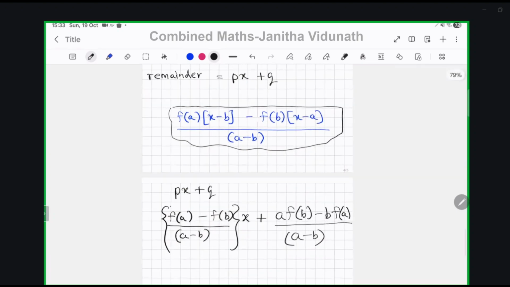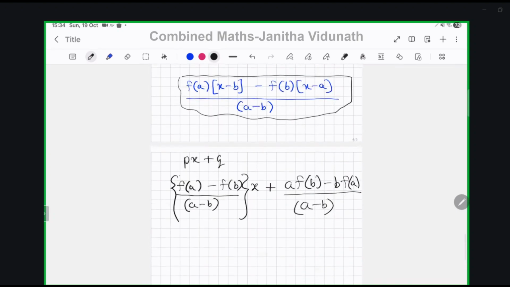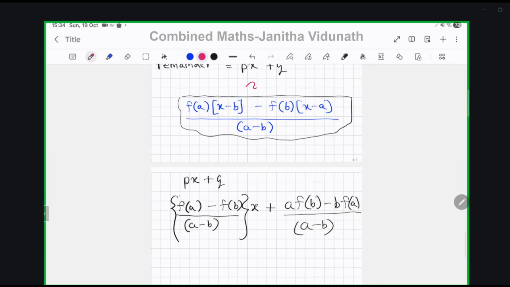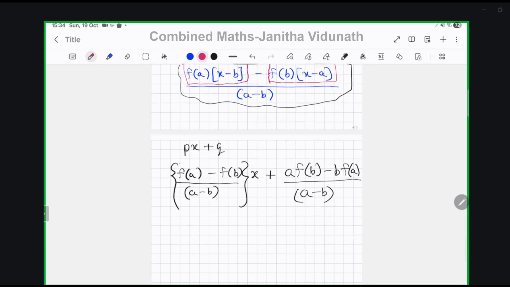Now here FA is in one place and here our FB is in another place. That means we need to group FA into one group and FB into another group. Also here our common denominator is A minus B. That means we can take the common denominator, and then keep FA in one group and FB in the other group.